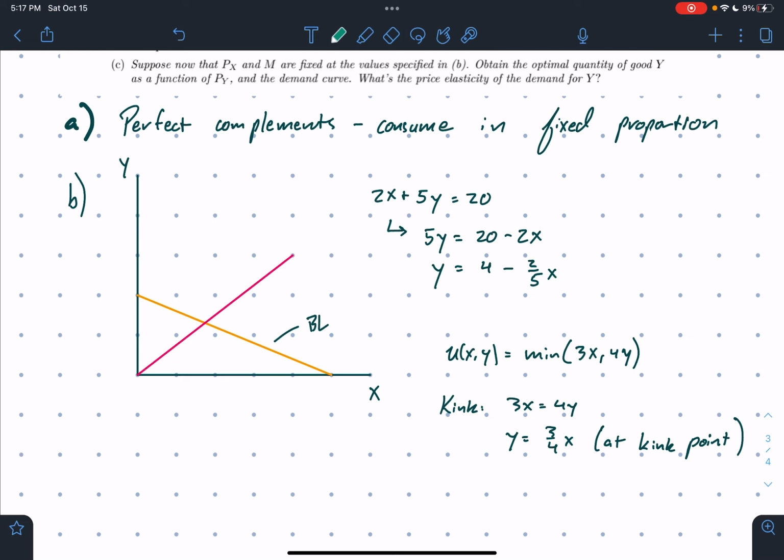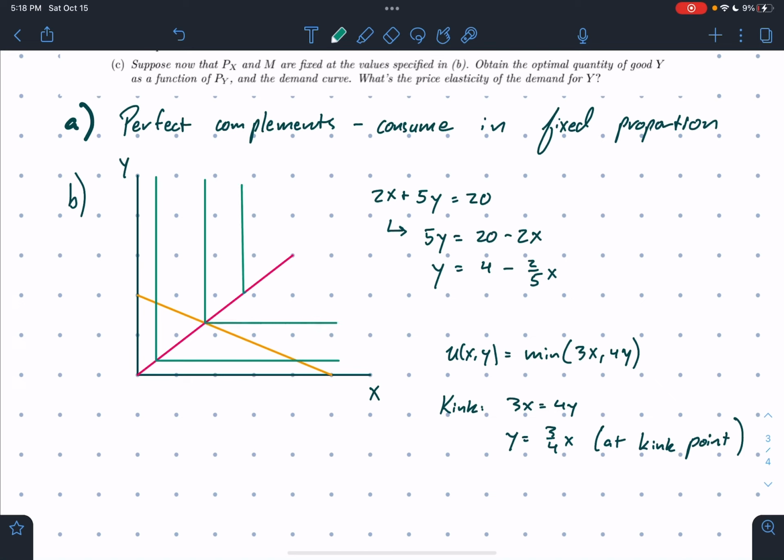Now I'm actually going to plot it. I'm going to plot a variety of indifference curves corresponding to this utility function. What I did was I just identified the kink point of each line. Actually, that intersects with my budget line label, so I will erase this. So we can see that the utility function looks like this.